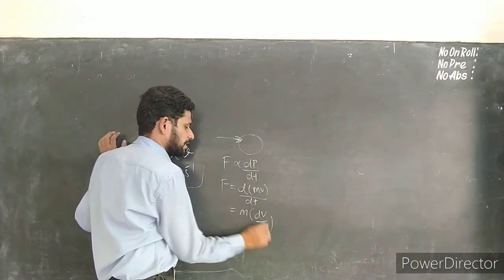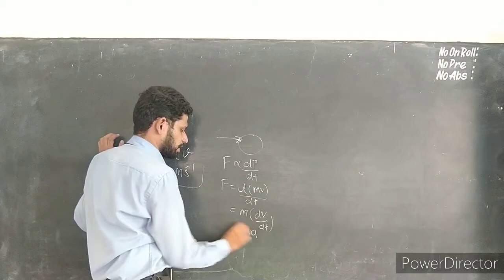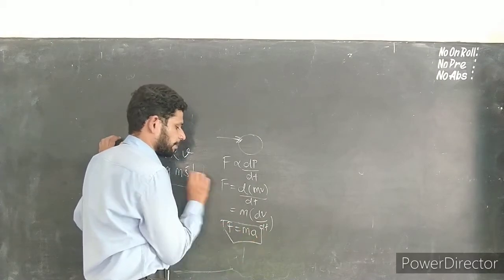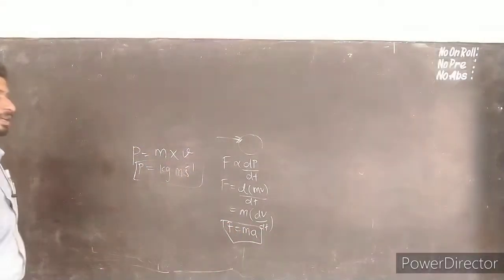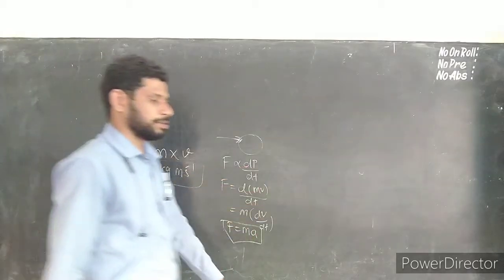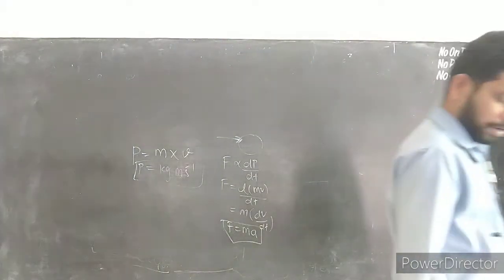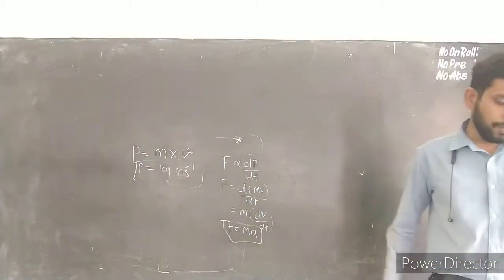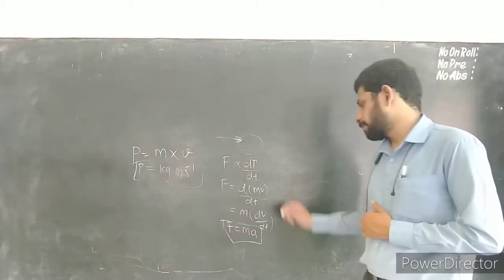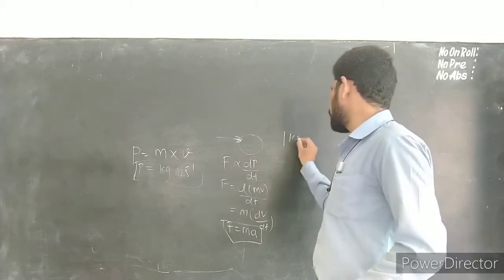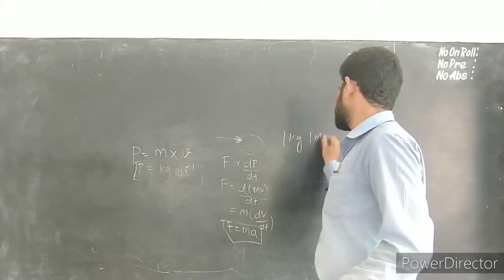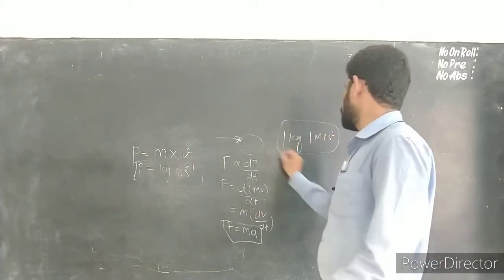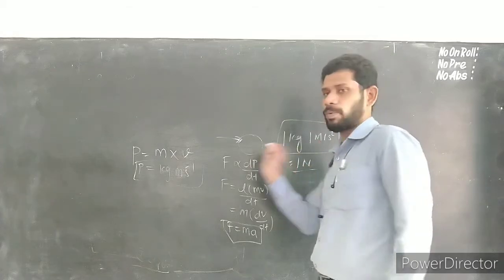The rate of change of velocity is nothing but acceleration. So force equals ma. The unit of force is the Newton. What is meant by 1 Newton? When a 1 kg object is accelerated at 1 meter per second squared, the force is called 1 Newton.